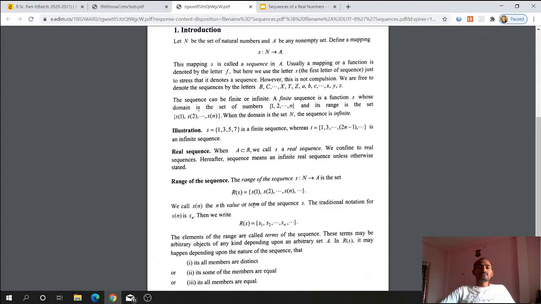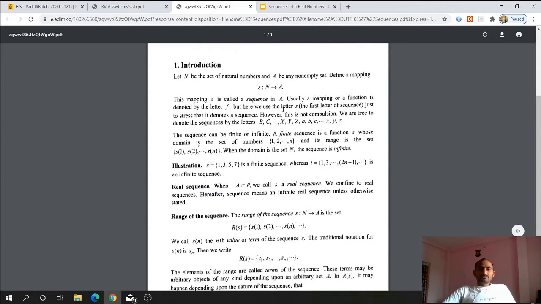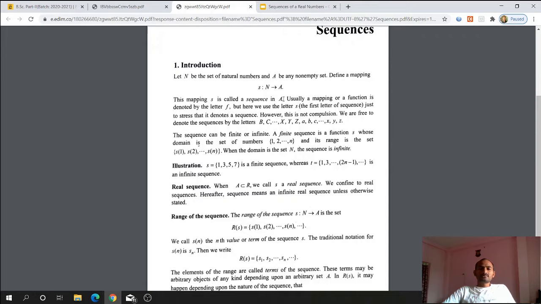What is meant by a sequence to be real? It means a sequence of real numbers. We have defined a sequence in A. Instead of taking A randomly, take A to be a subset of the set of real numbers.